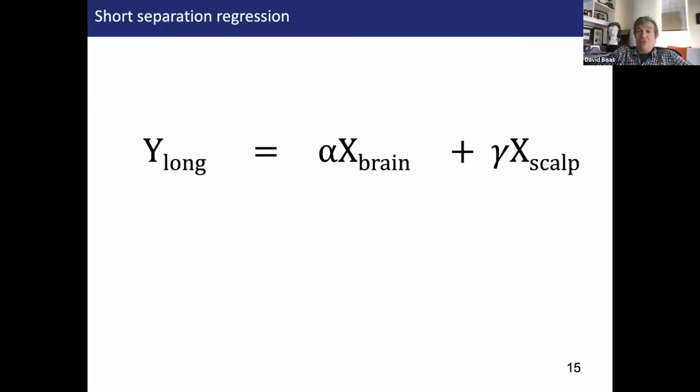Okay, so we do that by building a linear model. And this is called the general linear model. So we're going to model our measurement at a long separation. So Y would be a time series of measurements, right?